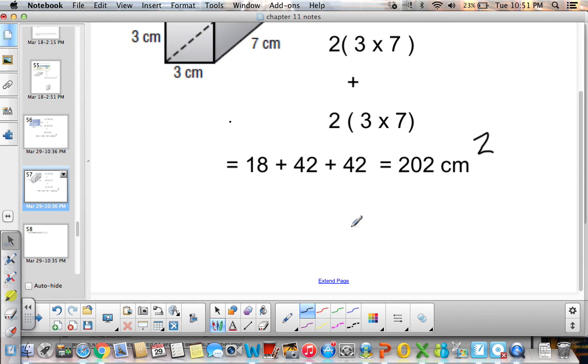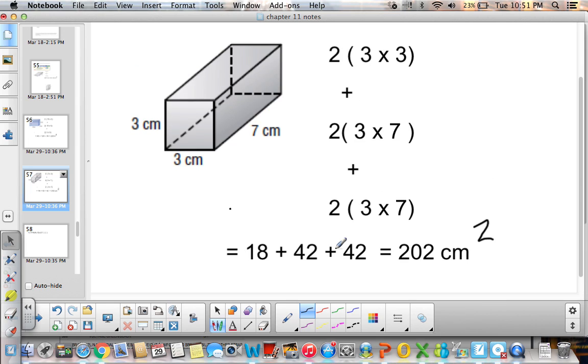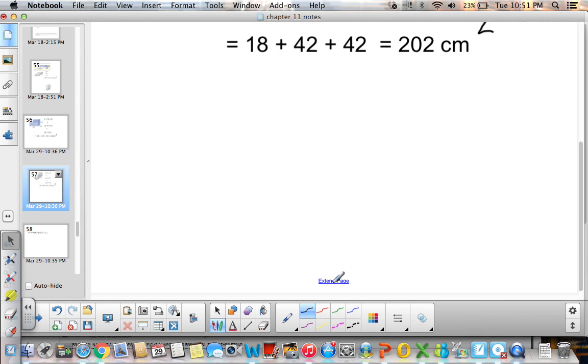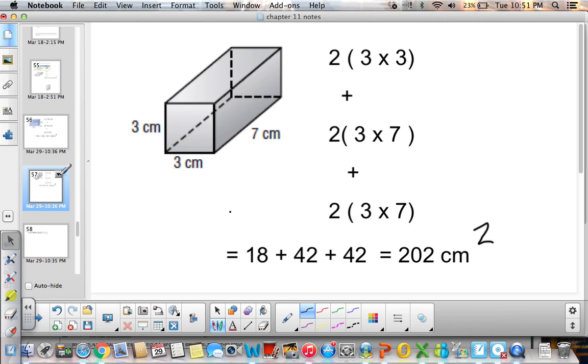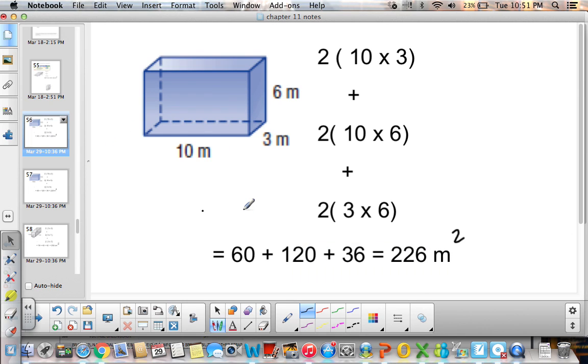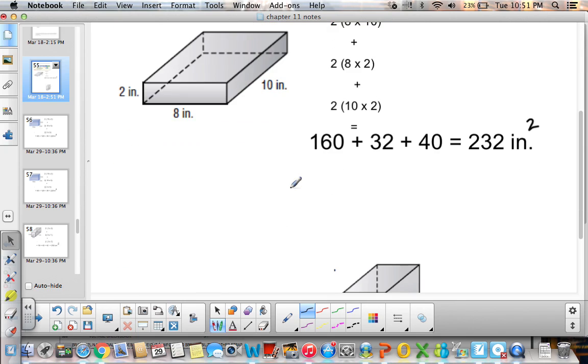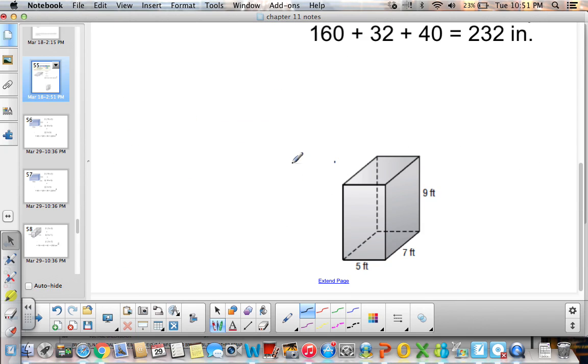Then I have one more that I want you to do on your own. This one that I would like you to pause me and do on your own and find the surface area of this rectangular prism.